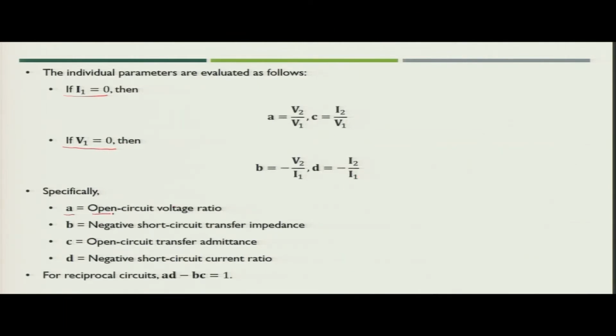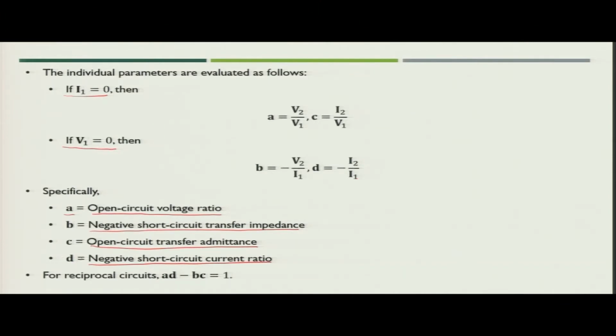So, what can you write? A is nothing but the open circuit voltage ratio. What is B? B is negative short circuit transfer impedance, because it is a ratio between V and I. C is open circuit transfer admittance, because it is an I by V ratio, and D is negative short circuit current ratio, that is the ratio between I2 and I1.